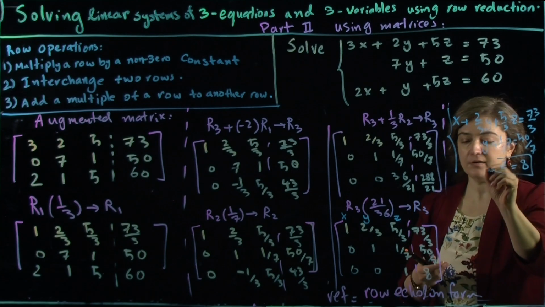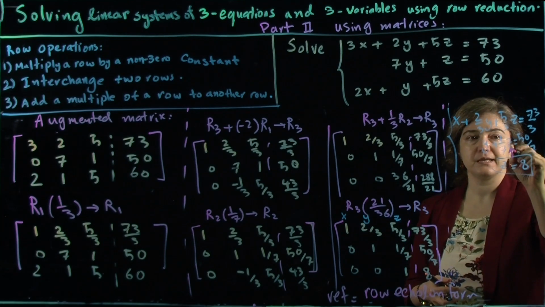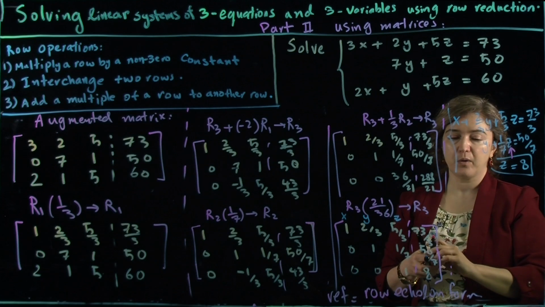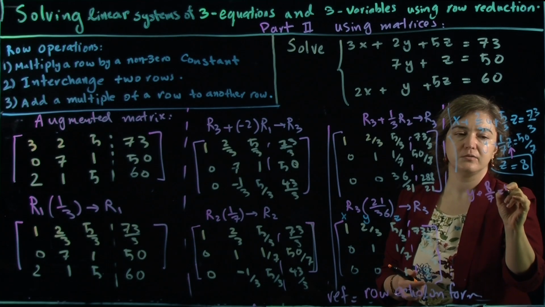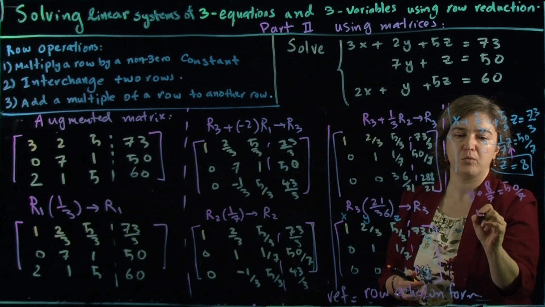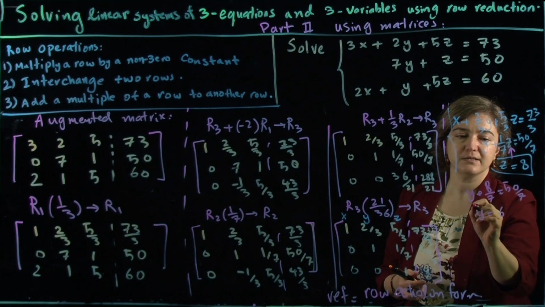Z is already solved. What you do is you replace it in here, then you solve for Y, which gives you Y plus 8/7 equal to 50/7, and Y is equal to 6.